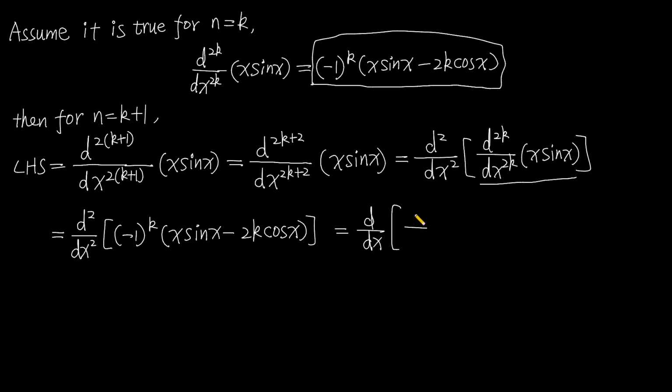Inside here is d/dx of negative 1 to the power of k multiplied by x multiplied by sin x minus 2k multiplied by cos x.